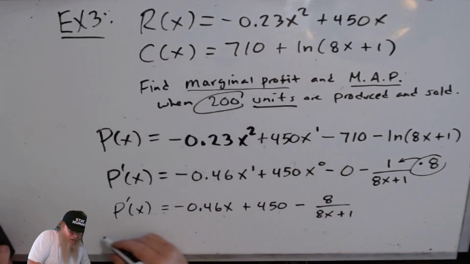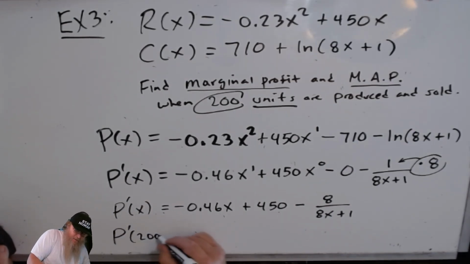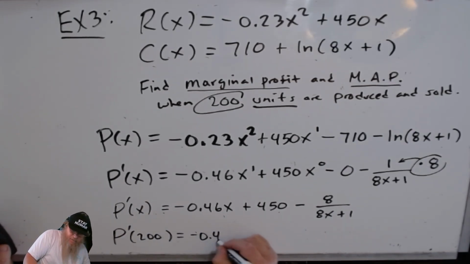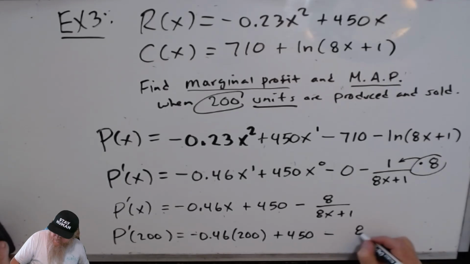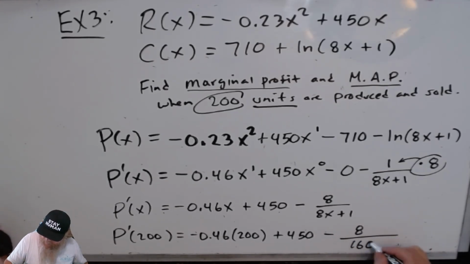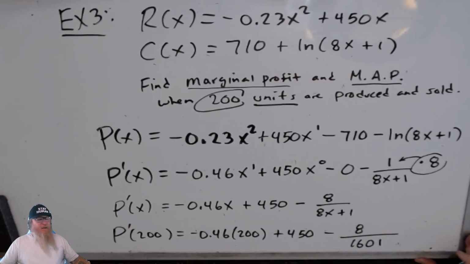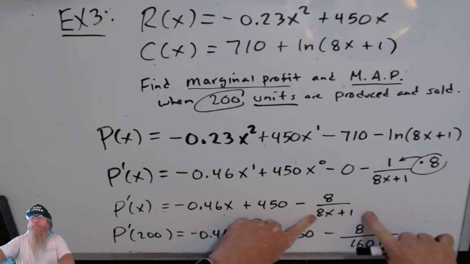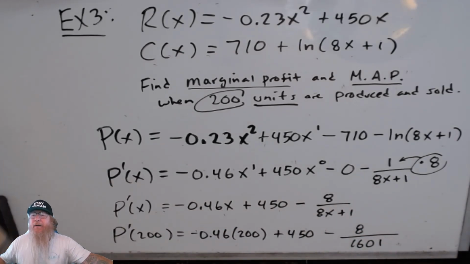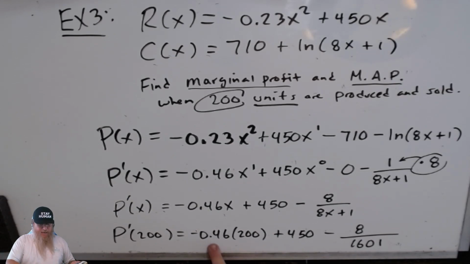And we're going to sell 200 units. And I'm doing a little bit of mental math. 8 times 200 is 1600, plus 1 is 1601. Just to save my board space because I'm really getting low on space here. So what do we got? We got negative 0.46 times 200.